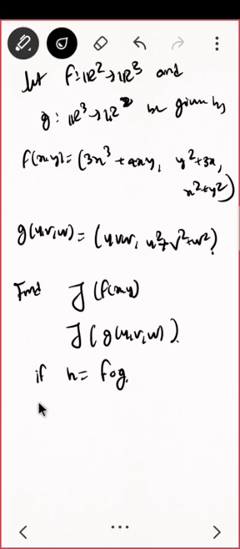Evaluate Jacobian of g at a point, and evaluate Jacobian of h of (u,v,w). Definitely it will be h of (u,v,w), or you can say h of E for a point. Suppose the value of E is given in the question, it will be quite easy to do then.